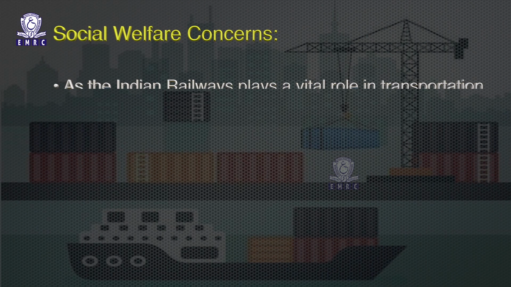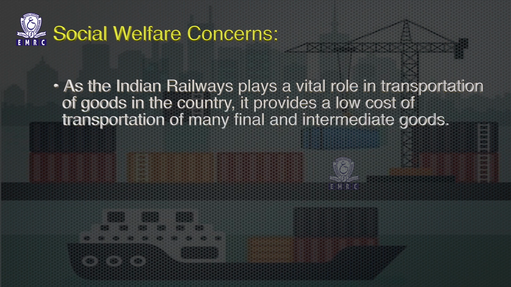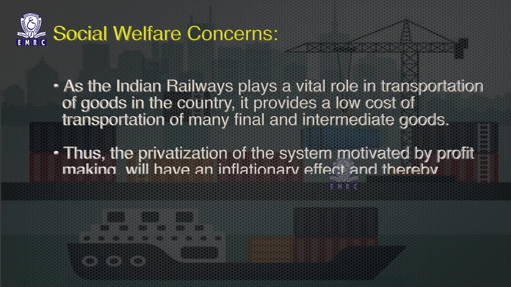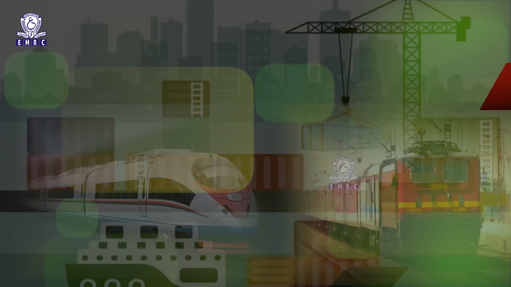Another issue is social welfare concern, which is also very important. As Indian Railways plays a vital role in transportation of goods in the country, it provides a low cost of transportation of many final and intermediate goods. Thus, privatization of the system motivated by profit making will have an inflationary effect and thereby affect the common people.